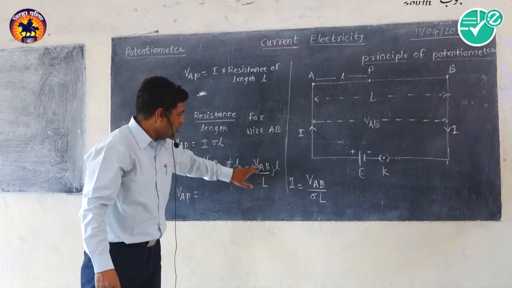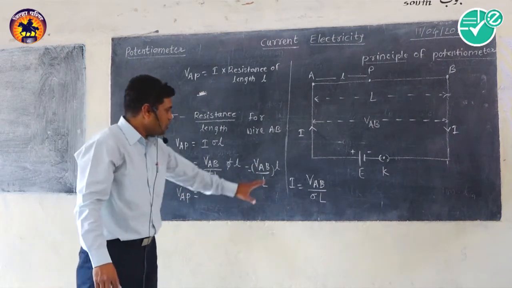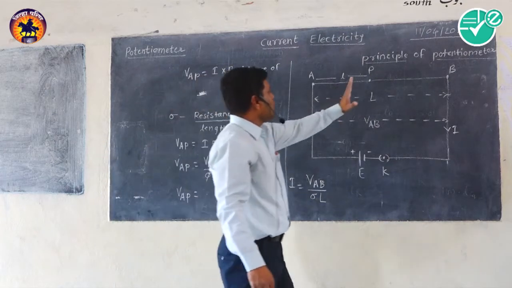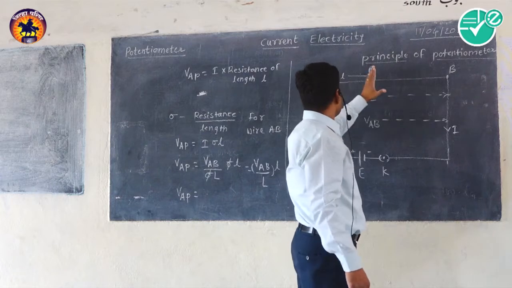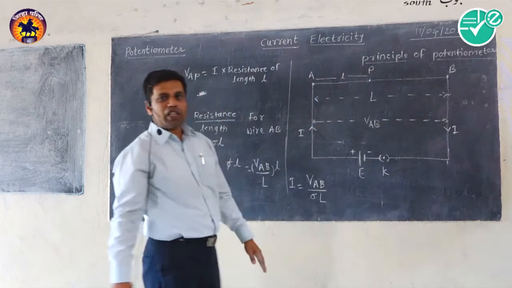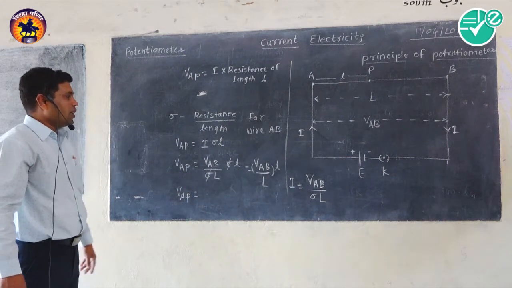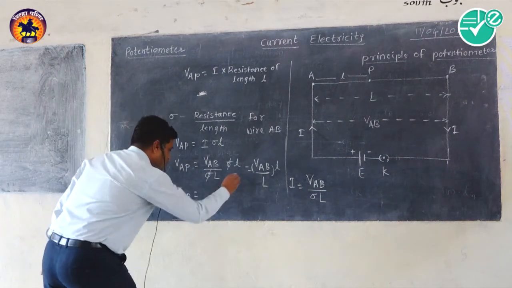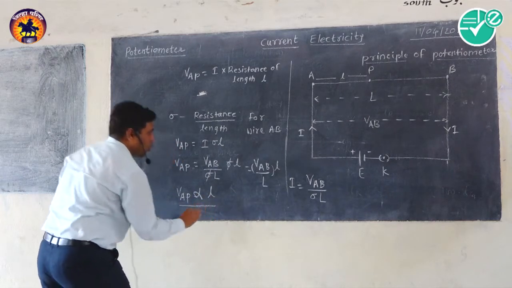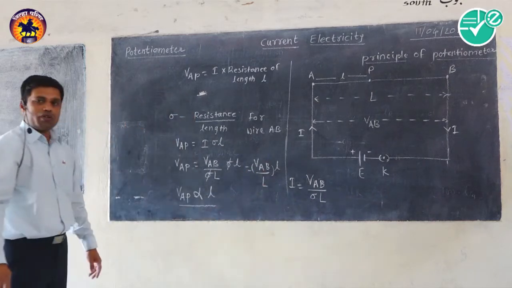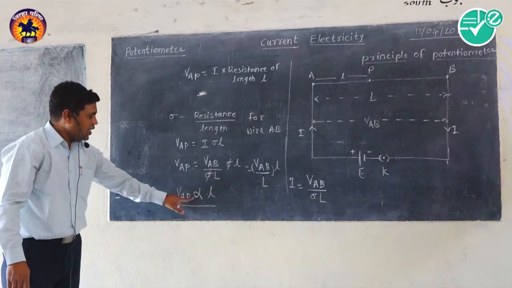So these two quantities remain constant, and only the length changes. If the point moves away from A, or moves towards A, then the value of small l can change. So the potential between A and P, since VAB and L are constants, is directly proportional to small l.